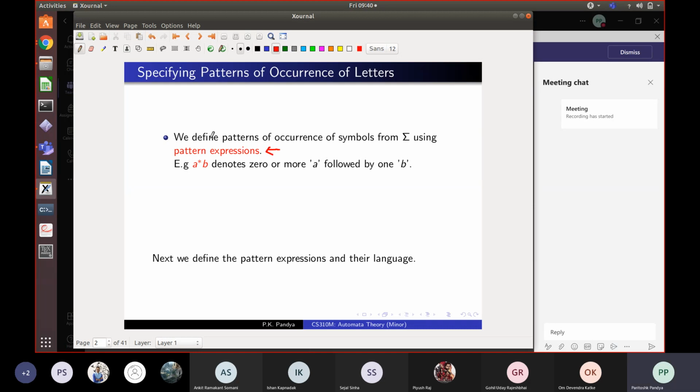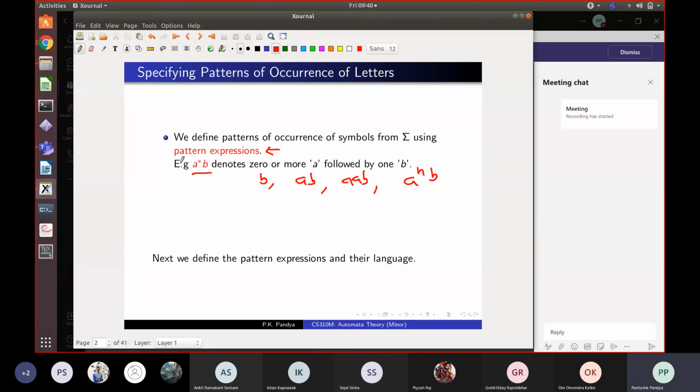Pattern expressions, right? So we define patterns of occurrences of symbols from some given alphabet sigma using something called a pattern expression over sigma. And we already saw examples of this. Without actually formally defining it, we were using notation like A star B. What does A star B denote? It denotes all words which have 0 or more occurrences of A followed by exactly one B. That is words like just B by itself, or AB or AAB, or any number of A to the power n B, right?